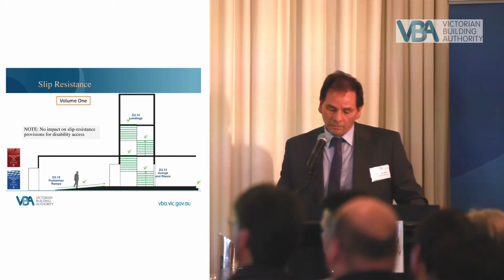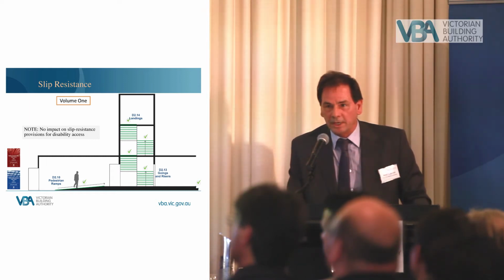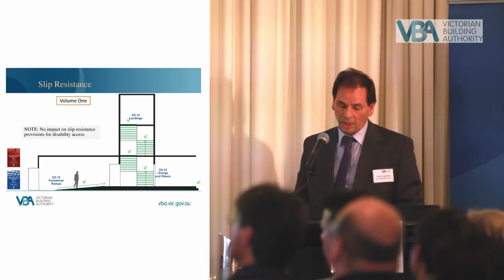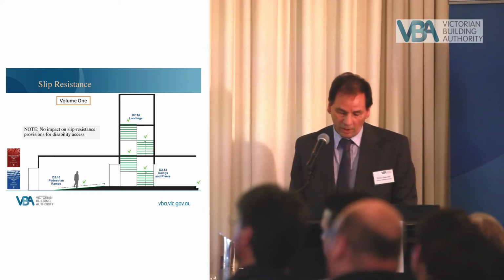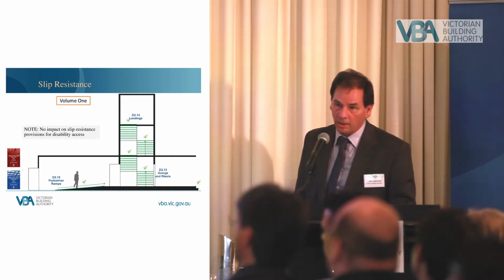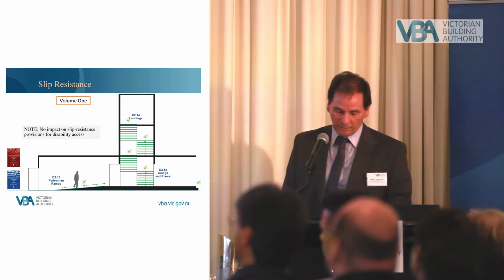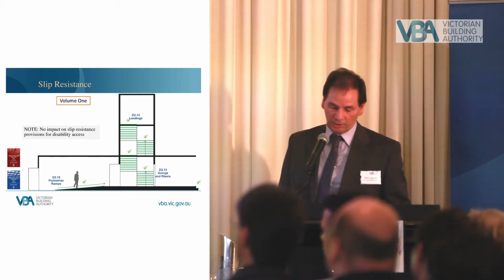In Volume 1, the changes to quantify slip resistance, non-slip and non-skid occur in D2.10 for pedestrian ramps, D2.13 for stairway treads and D2.14 for landings. Despite the use of the term slip resistance in the performance requirements, changes have only occurred in the deemed-to-satisfy provisions.